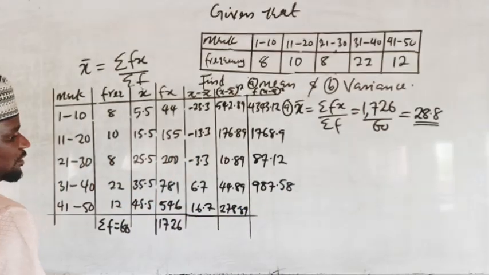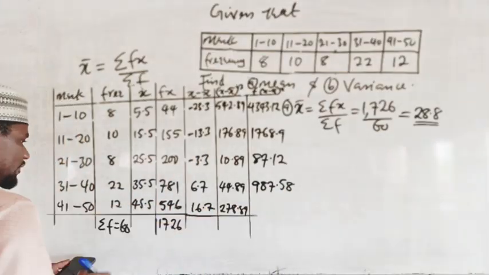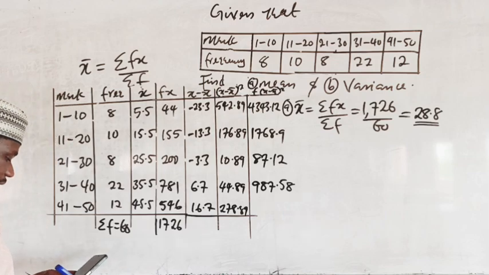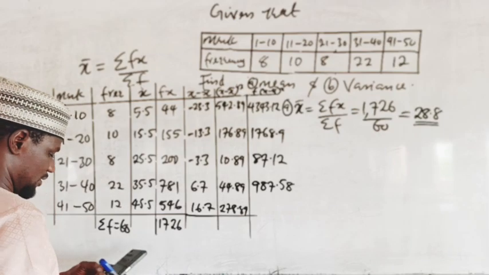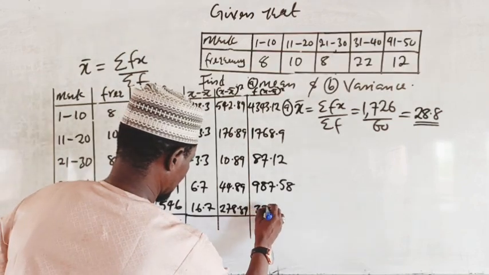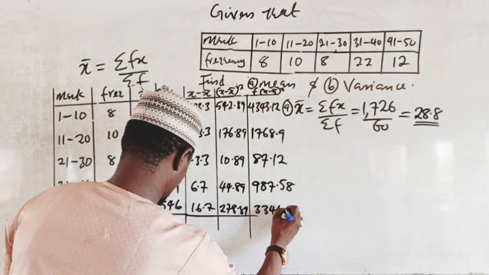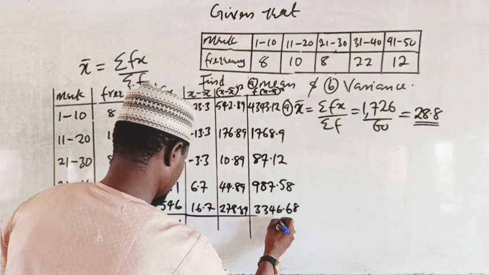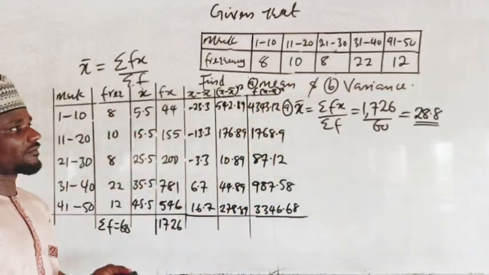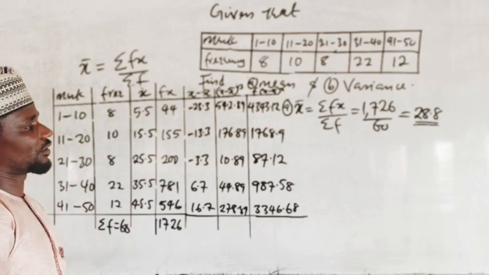Lastly, 278.89 times 12 is 3,346.68. This is what we have as f times x minus x bar squared.